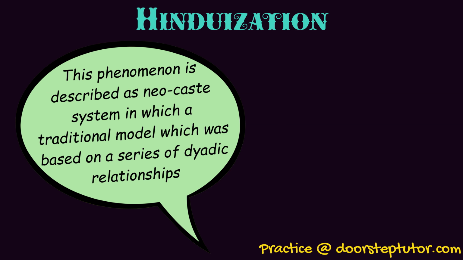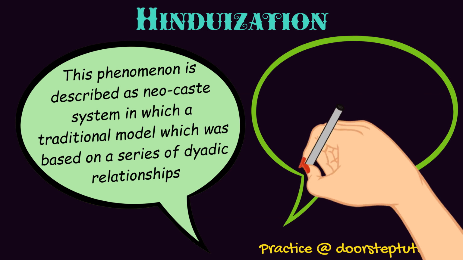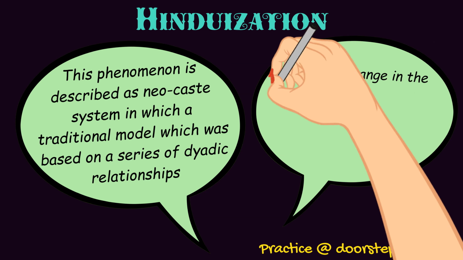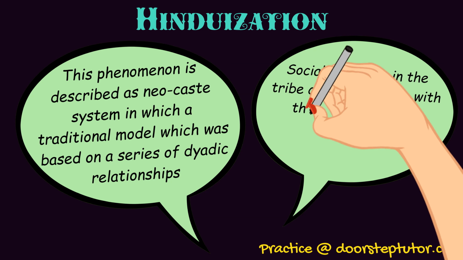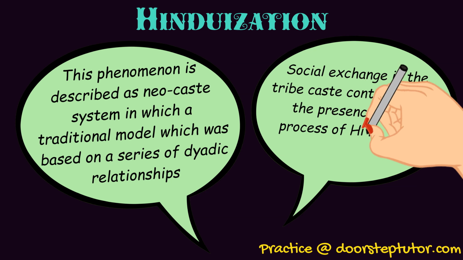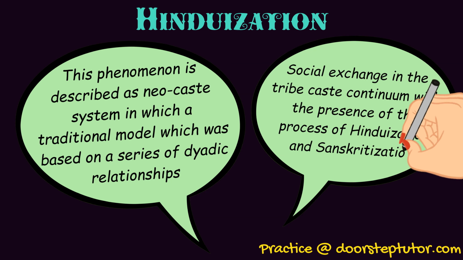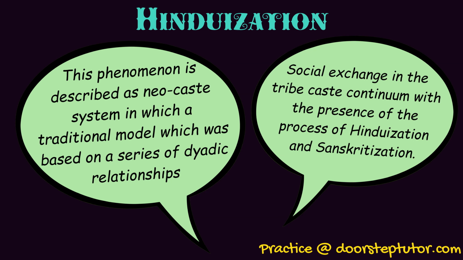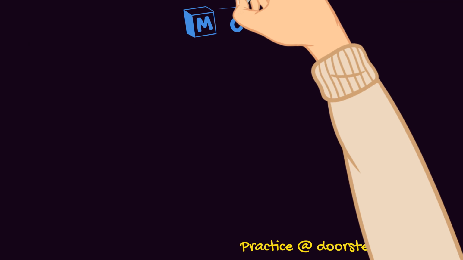It is very similar to the caste like model. Now, social exchange in this type of tribe caste continuum also happens because of the presence of processes like Hinduization and Sanskritization. Let's discuss some questions now.